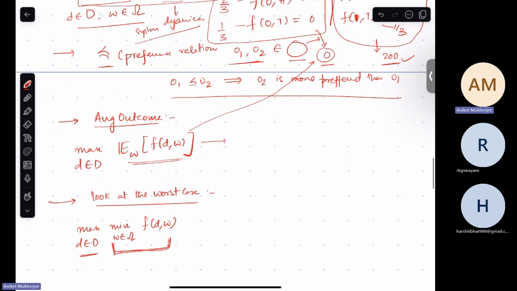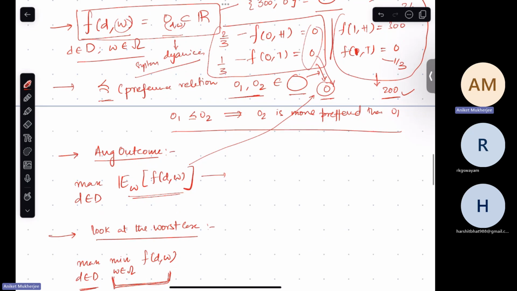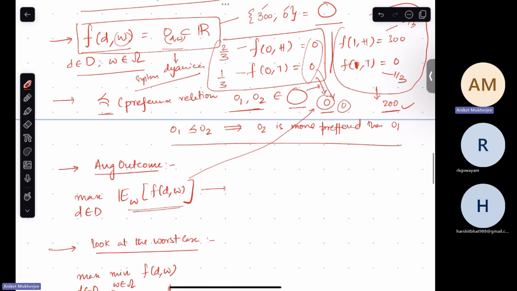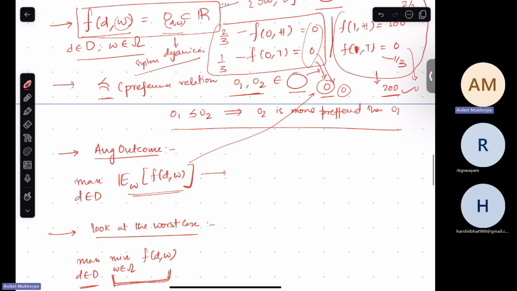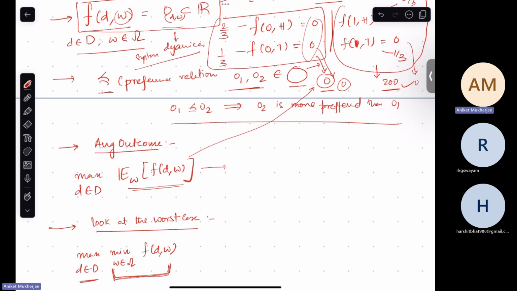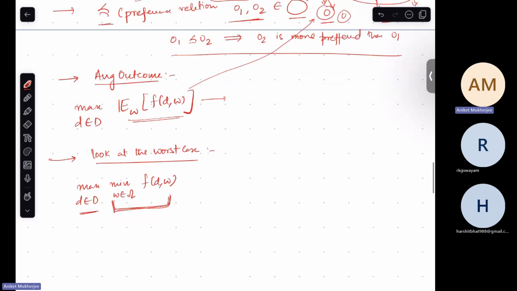So let's say you fix your decision to be 0, you see that the minimum output that you get is 0. If you fix your action to be 1, you get a minimum output of 0 again. So if you look at the worst case, it doesn't matter whichever action you choose in this case. So it doesn't tell you much if you look at the worst case in this kind of setting.